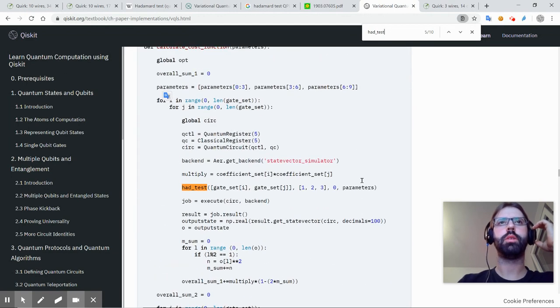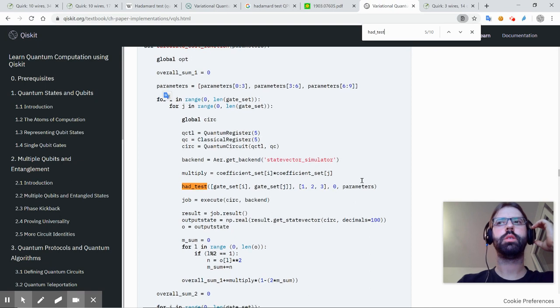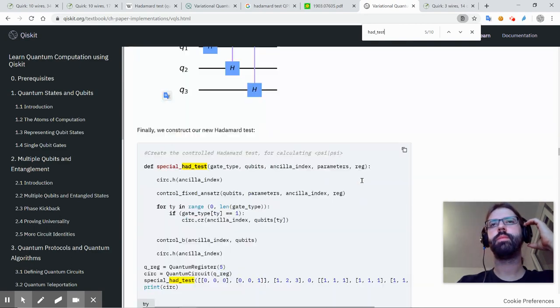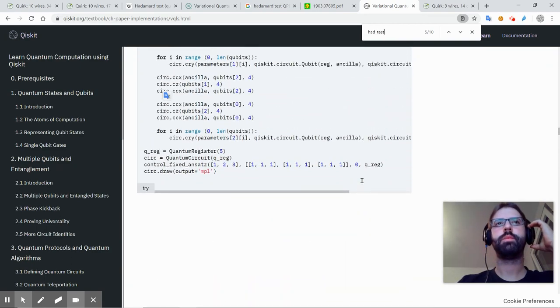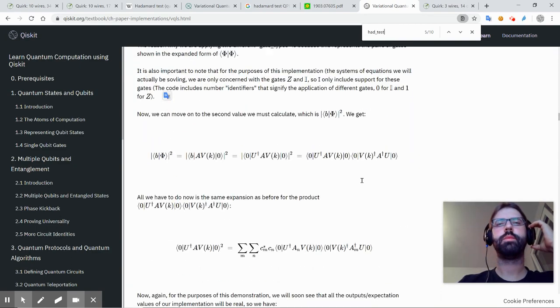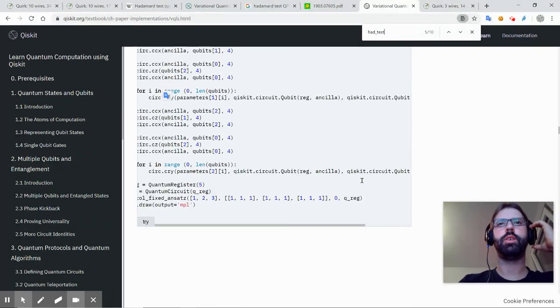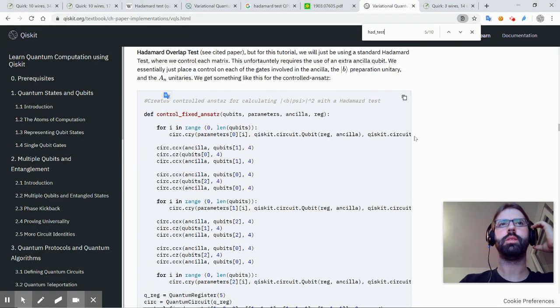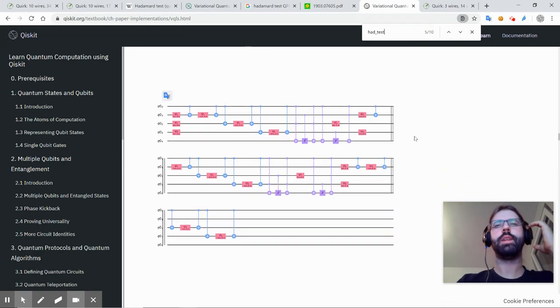Hadamard test parameters. We're doing a Hadamard test. No, this is the control. This is the controlled ansatz. That's the beast. This is the controlled ansatz.